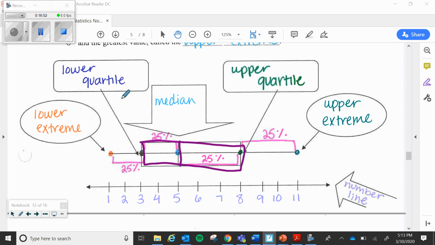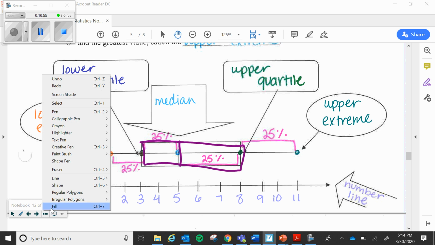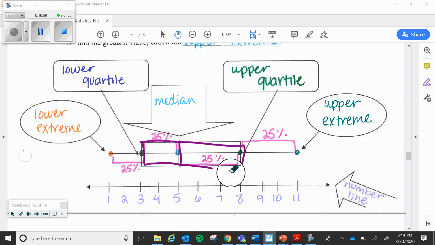You do not have to write any of the 25% on your graphs. I did it here just so we're all on the same page of this section is 25%, this one's 25%, and that sort of thing. So we've got our number line, we've got our whiskers and our box, and then each little speech bubble is just pointing to those things that we just talked about, all 5 of those different numbers.